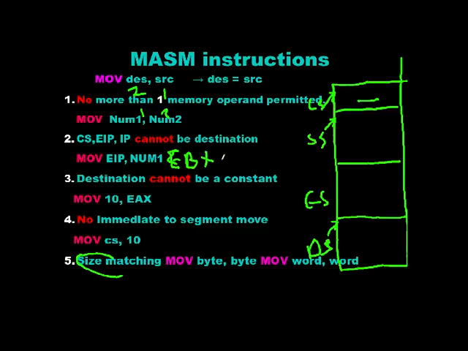AX. EBX is 4 bytes, AX is 2 bytes. That's why I told you you need to know the registers also. See, anything small you don't know can cause errors, and it's going to be hard to figure it out. This is not allowed. It's going to give you an error.